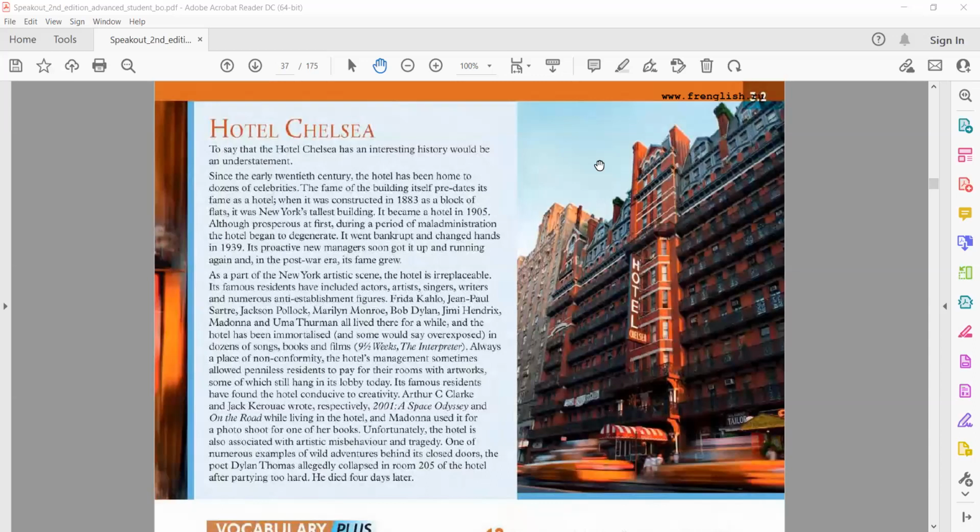Although prosperous at first, during a period of maladministration, the hotel began to degenerate. It went bankrupt and changed hands in 1939.